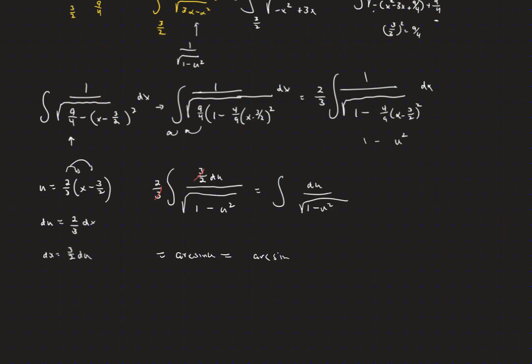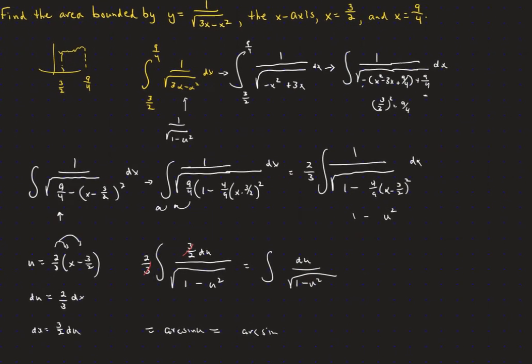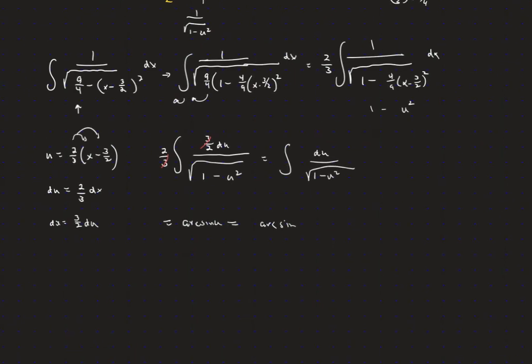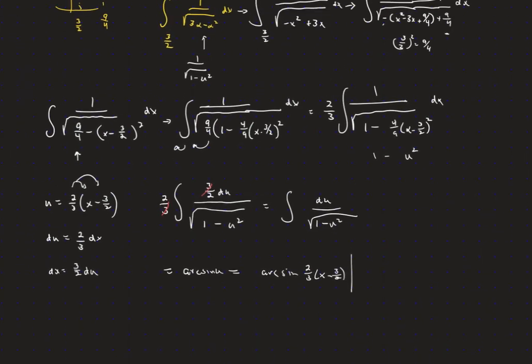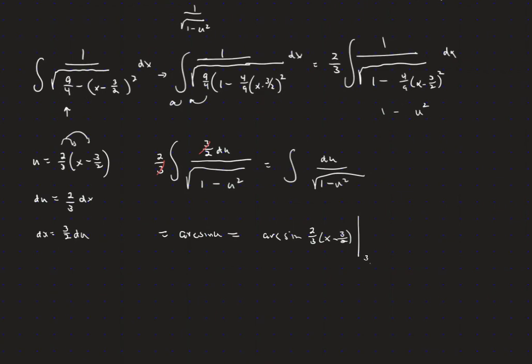So our u was, oh, here we are. It's that 2/3 and x minus 3/2. Remember, we had limits on this thing. So we're going from 3/2 to 9/4.